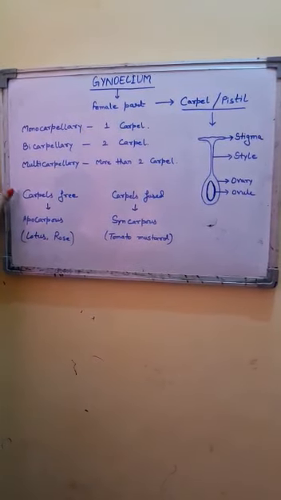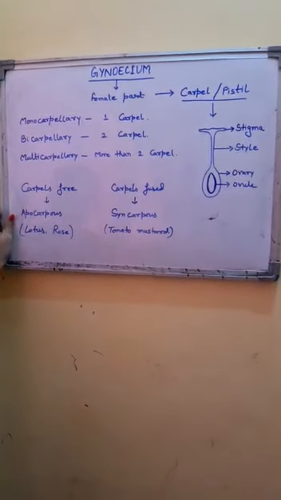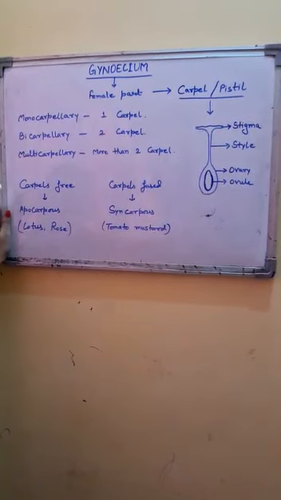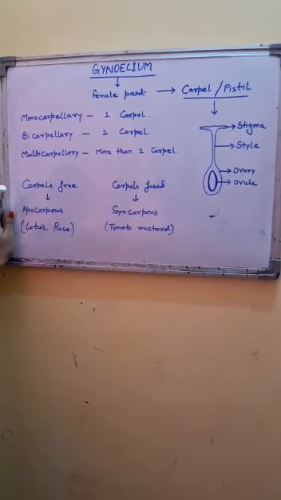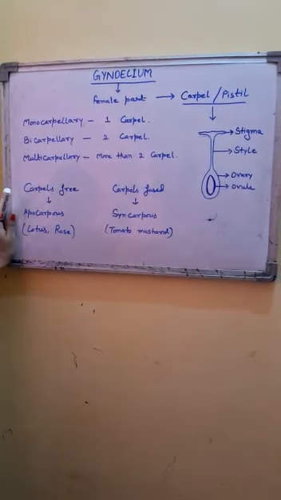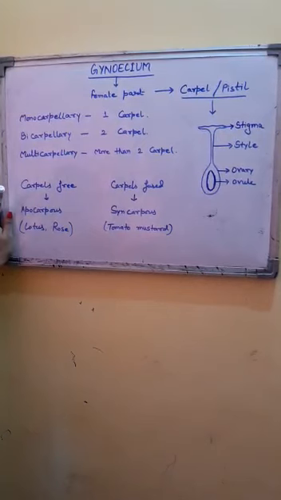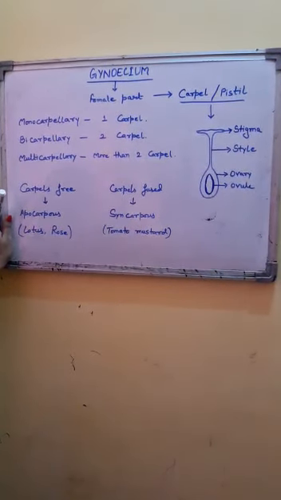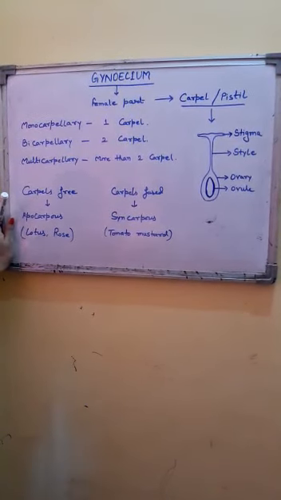In case of more than one carpel, that is in bicarpellary or multicarpellary, if the carpels are free, such gynoecium is called apocarpous. If there is a single carpel, there is no case of being free or fused, but in bicarpellary or multicarpellary, if all the carpels are free, it means they can be identified individually and are distinct from each other.